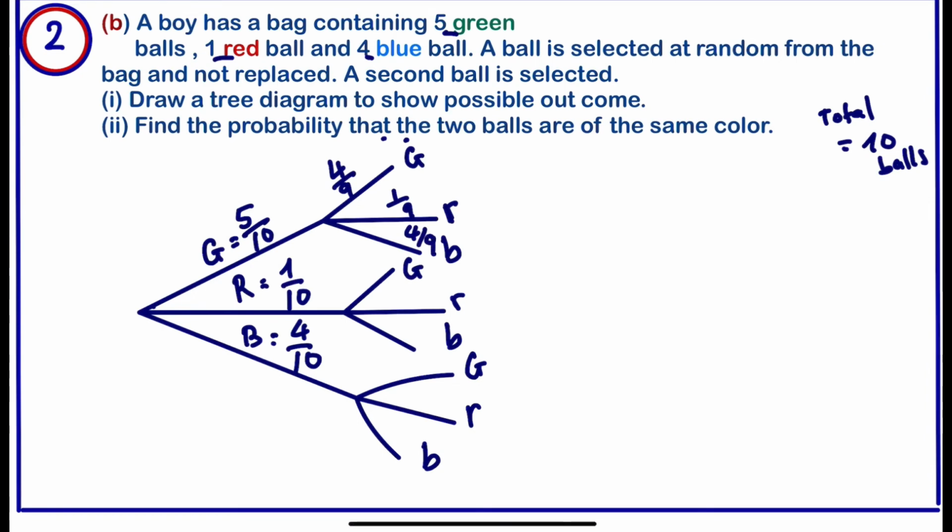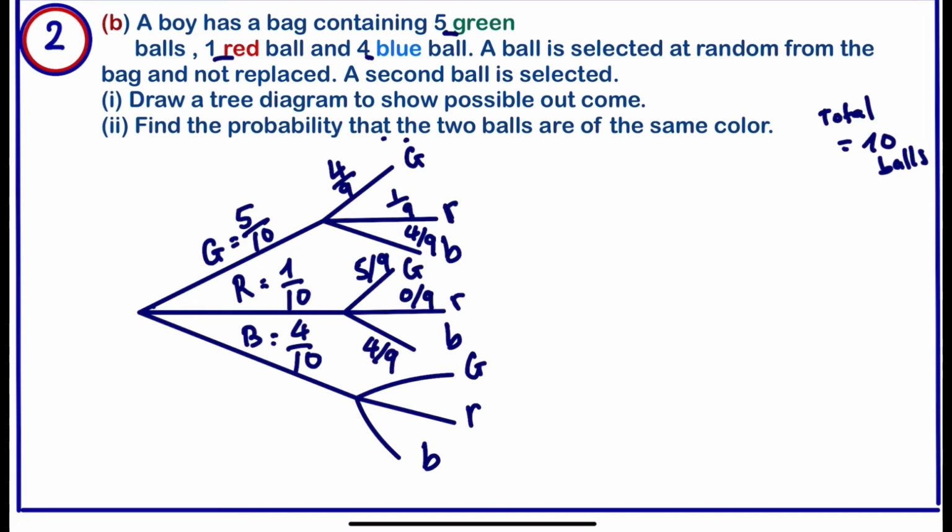If we proceed with this as well, if we select the red, we'll be left with 0 over 9. But what happened to the green? It will be 5 over 9. And the blue is going to be 4 over 9.